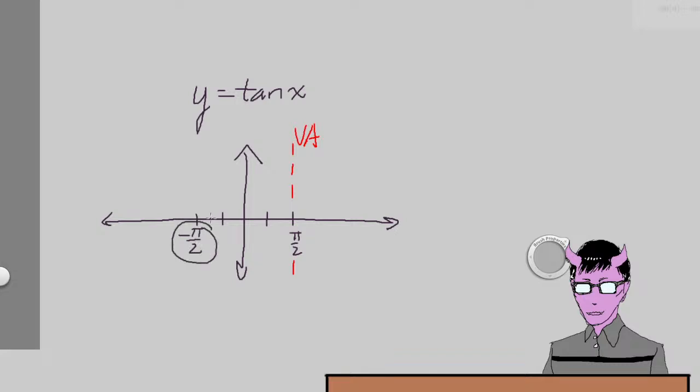Because if you input this into the function, which again, you could rewrite as sine of x over cosine of x, if you put negative pi over 2 into the function, we're going to get 0 on the bottom. So we can't divide by 0. Hence, vertical asymptote. Right there.